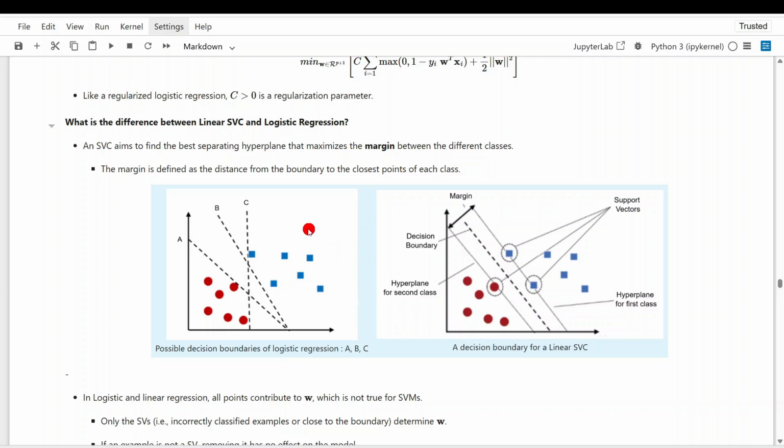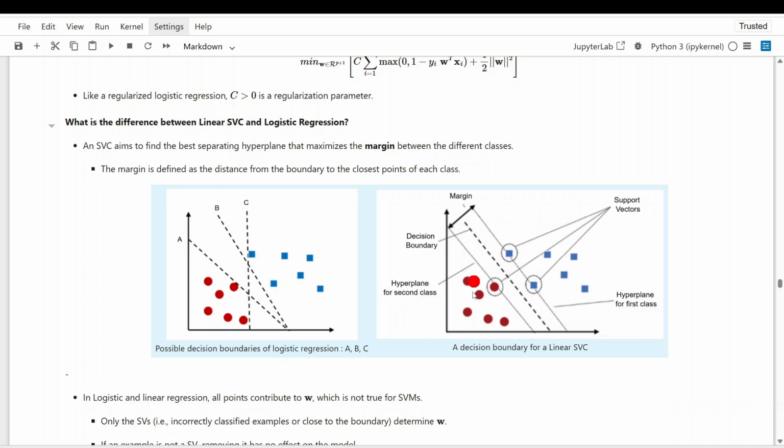And another thing: in the logistic regression model, all these points will have a contribution in estimating the models A, B, or C. But when it comes to a support vector classifier, or a support vector machine in general, instead of all the observations, it depends only on certain points which are closest to the classifier, or those points which could be misclassified.